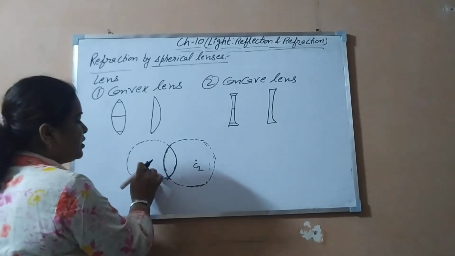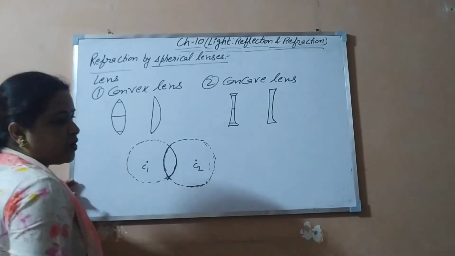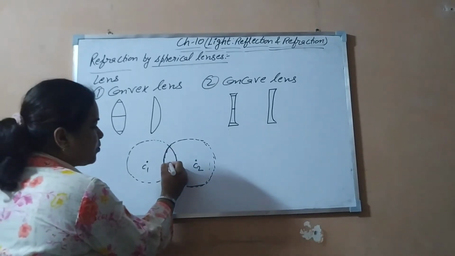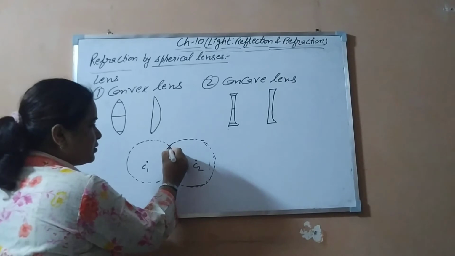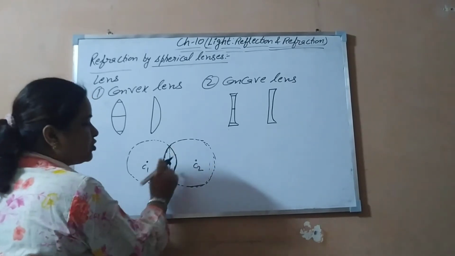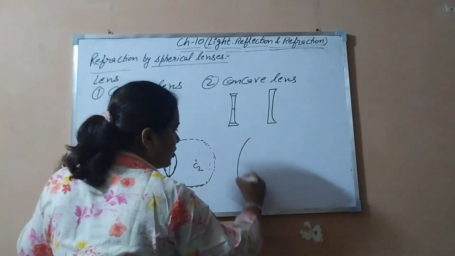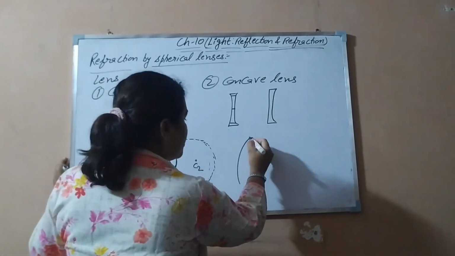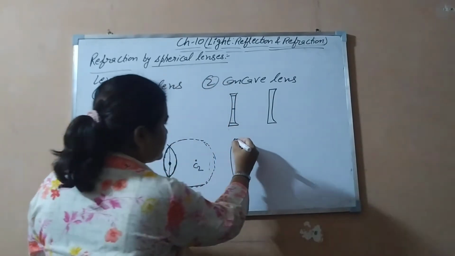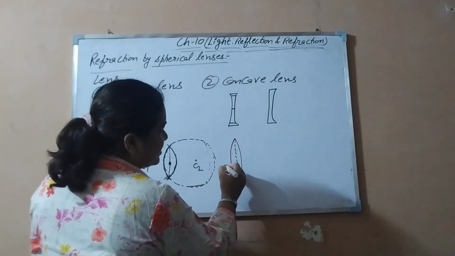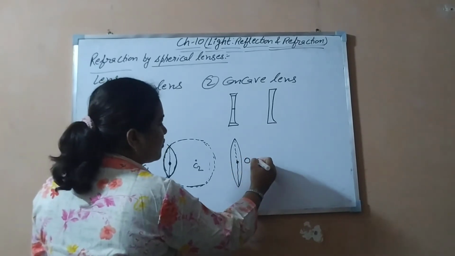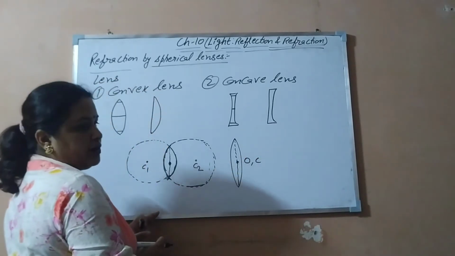Therefore the lens has two centers of curvature, and moreover the midpoint or central point present on the lens surface, whether it is concave or convex, is represented by O, or we can represent it by simple C also.